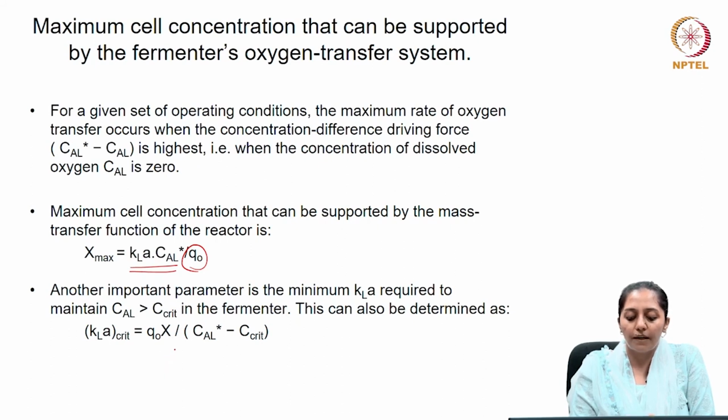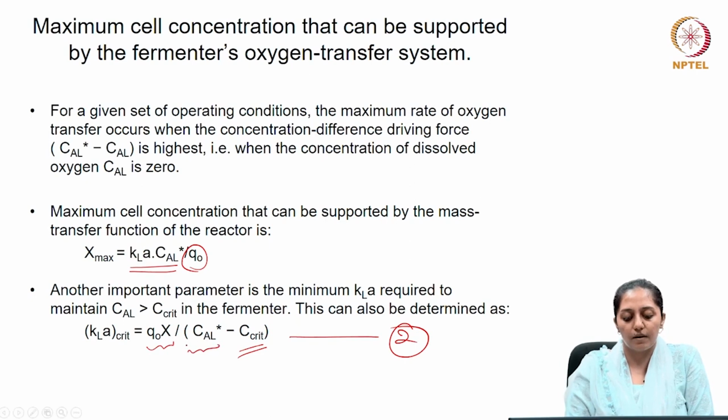So, if we need to find out, for a given biomass, the minimum KLA which is required to maintain the concentration of the oxygen in the bulk above the C critical, then we can use equation 2 here. So, CAL has been replaced by C critical, given the value of X, Q naught and CAL star.